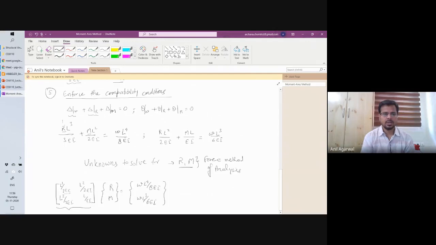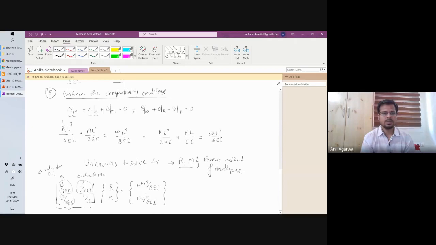So this term is the delta value for R equal to 1. So if I apply unit R, I'll get this much delta in that direction. Similarly, this one means the delta value for M equal to 1. So if I apply a unit moment at that location, I'll get this much vertical movement.